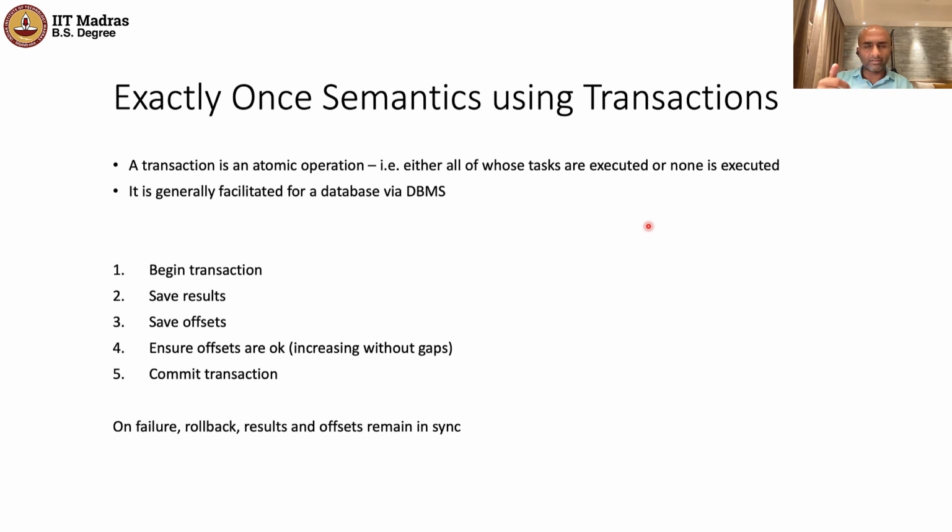So that's what atomicity means. So the entire unit of operation specified within the transaction block, the begin and end block, either happens, or the unit does not happen. So that atomicity property is very useful for us to build on top of to achieve exactly-once semantics.